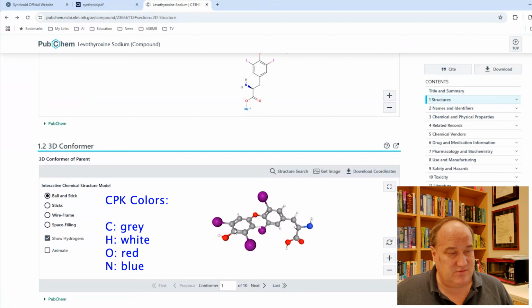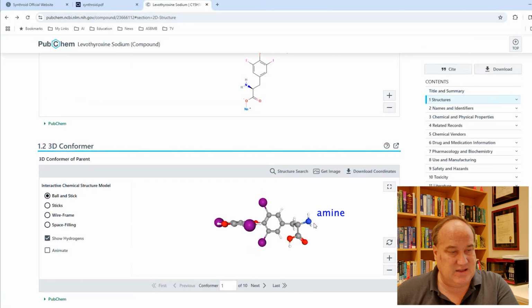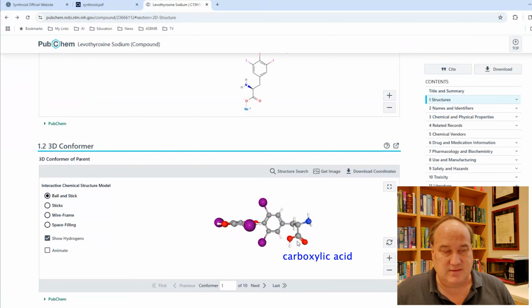So we see 2 phenyl rings with the iodo substituents. This oxygen between the 2 phenyl rings is an ether oxygen. These are just methylene carbons. The nitrogen, that's an NH2. There's 2 hydrogens attached to it. That's an amine. And then this over here, this COOH, this is a carboxylic acid.